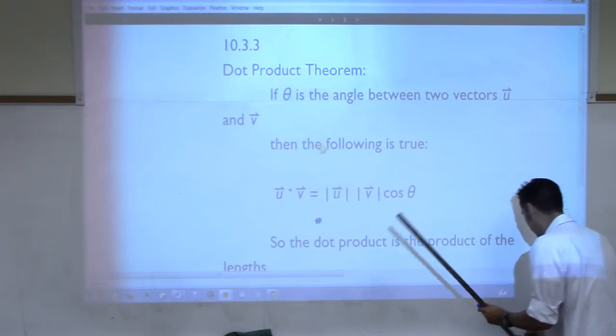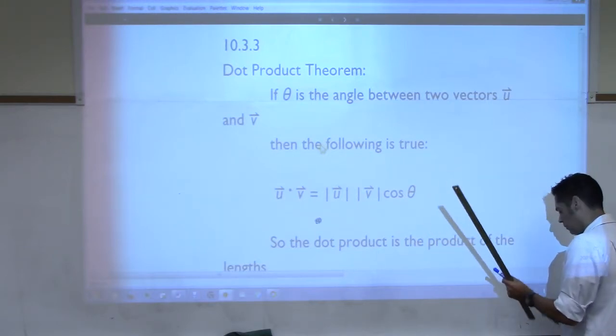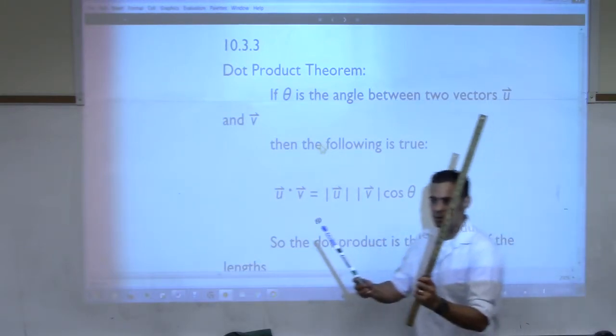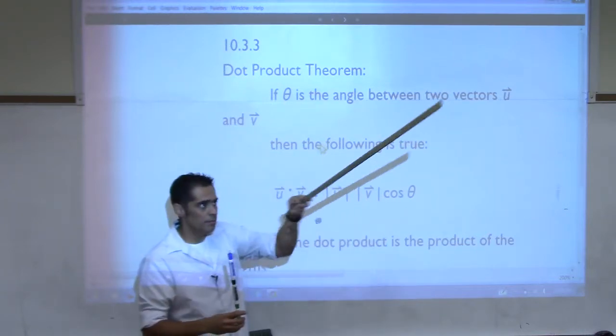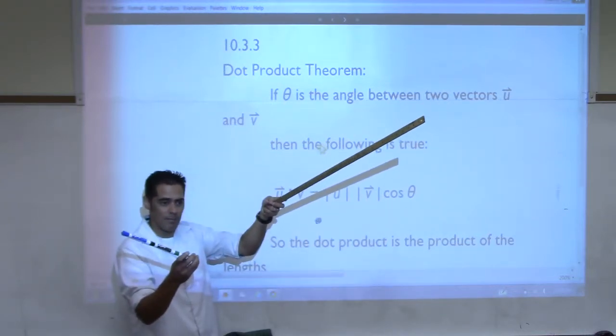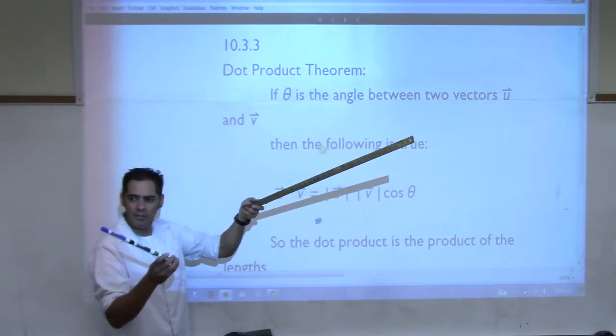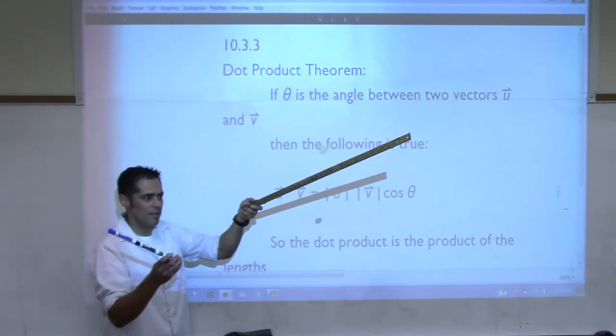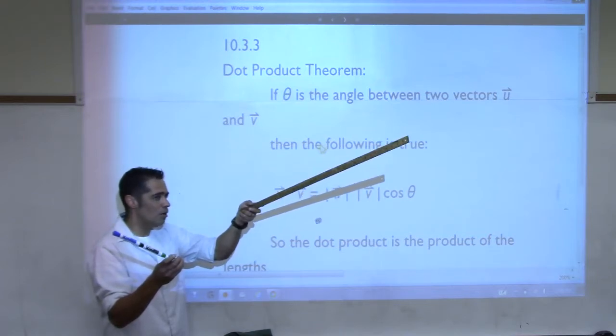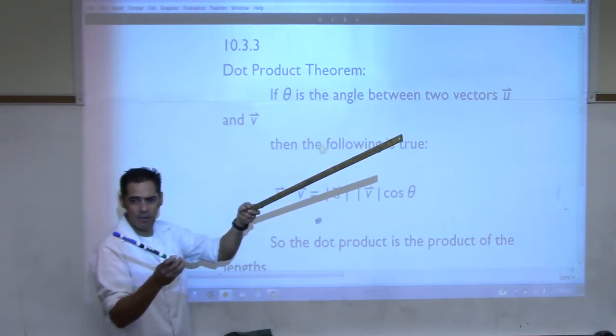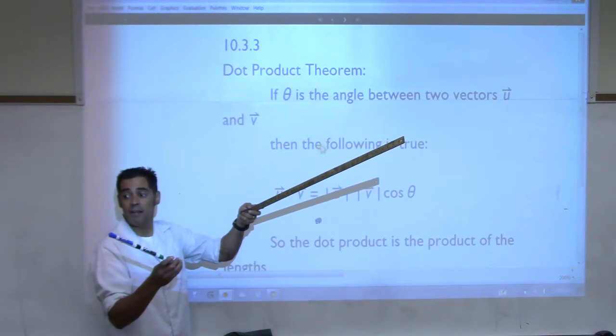So imagine we have two vectors. They don't have to be the same length. Here's a vector pointed in that direction, here's a vector in this direction. If I take the length of this vector and the length of this vector, multiply those two numbers together, and then multiply by cosine of the angle between them, that number, what's that?